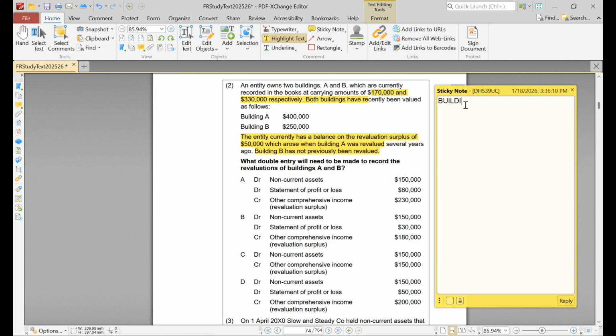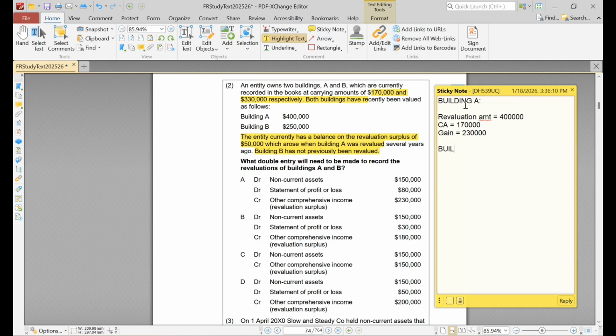So, building A, the revaluation amount is 400,000 and the carrying amount is 170,000. So the gain is 230,000.